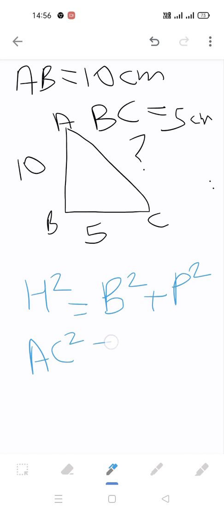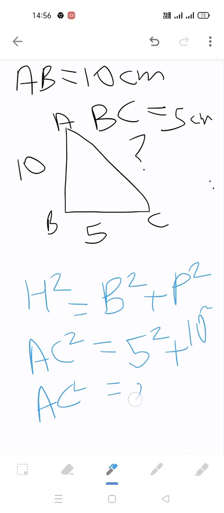AC square is equal to base square, base means BC, that is 5. 5 square plus perpendicular square, that is AB, that is 10 square. If you further solve them, it will be 25 plus 100, isn't it?